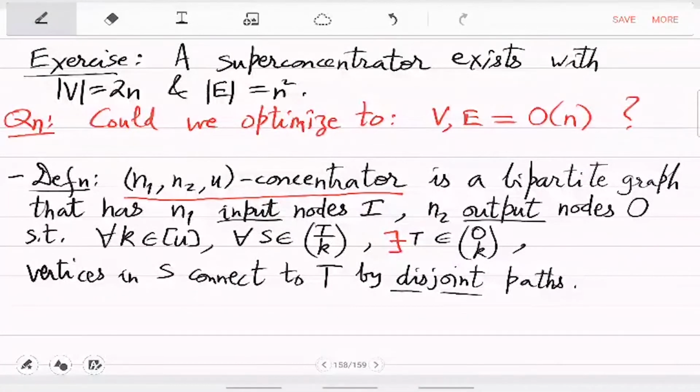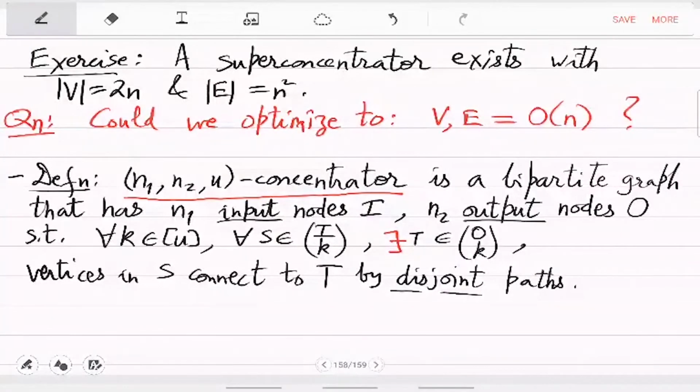So, up to this upper bound u, you can take k vertices, call them S, and for those k vertices there is some subset T such that from S to T there are disjoint paths. Obviously, this there exist is much weaker than for all. For every S there is a different T possibly, and other T's may not work. So, this is a weaker notion.